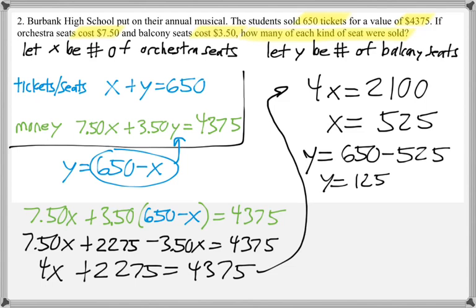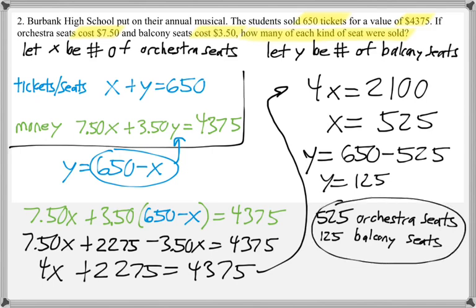And we can't forget to label our answers, so it's going to be 525, these were orchestra seats, and 125 balcony seats. And that would be our answer.